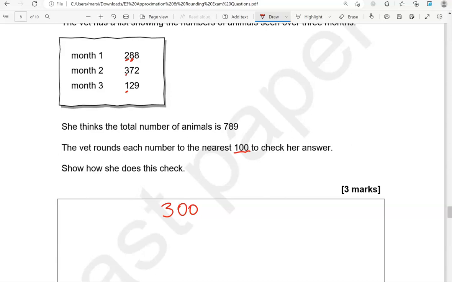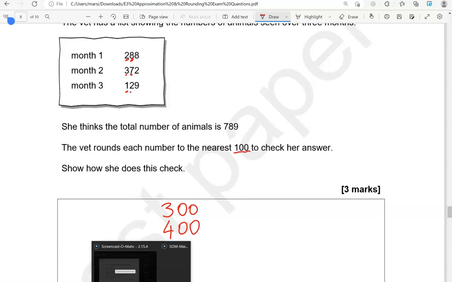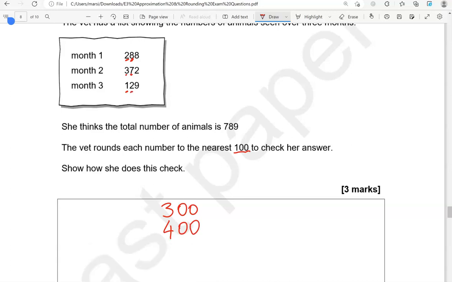So looking at 372, the digit on the right next to the 3, that's a 7, so that's over 5. We're going to round this up to 400. And the final one, to decide, we're going to look at the 2, so that's below 5.